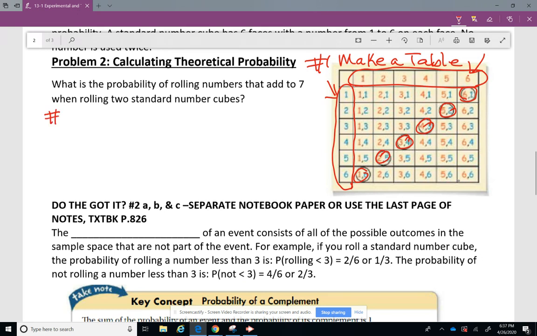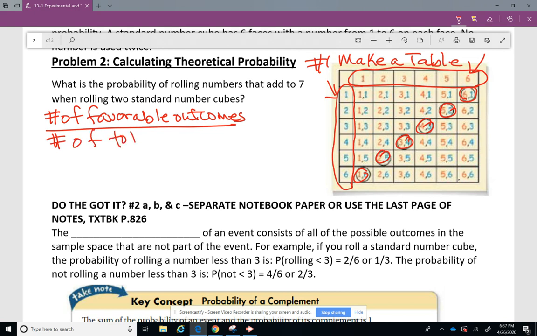So the number of favorable outcomes, what we're looking for, would be when two numbers added together equal 7, over the number of total outcomes. So that's what probability is. All right, so 6 out of 36, which you always reduce, is going to be 1/6.